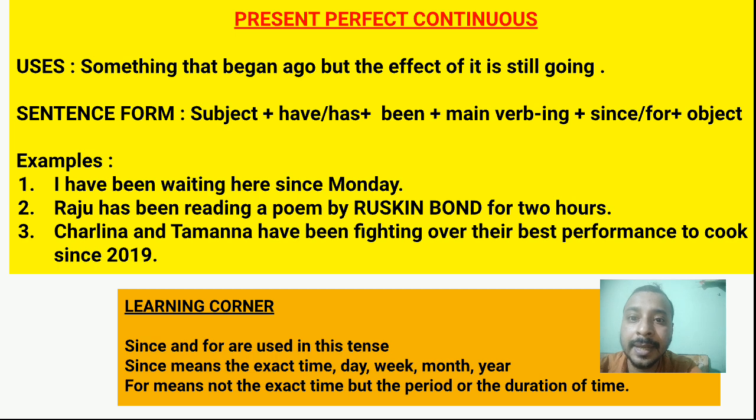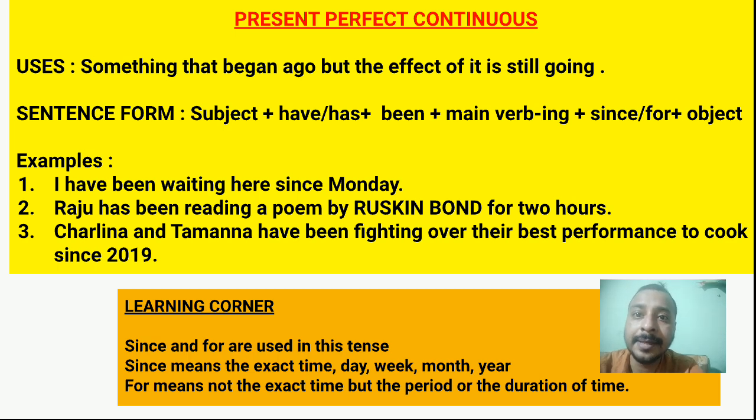If I say I have been waiting for you for 2 days, you will not know the exact point from when I have been waiting. But if I say I have been waiting for you since Monday, then we can automatically know the exact point of time. So since is used for an exact point of time and for is used for a period or a duration of time, you remember. So this is all about present perfect continuous tense.